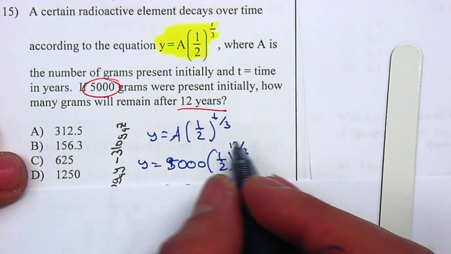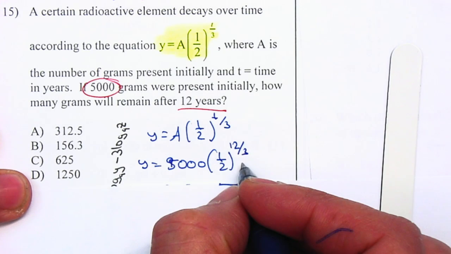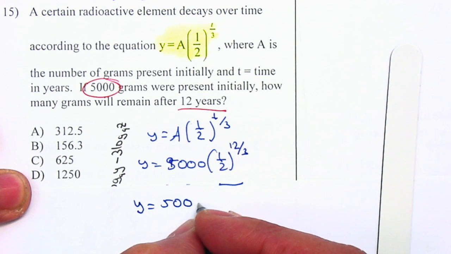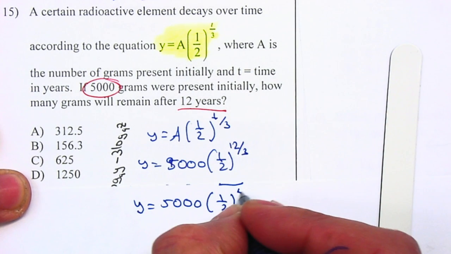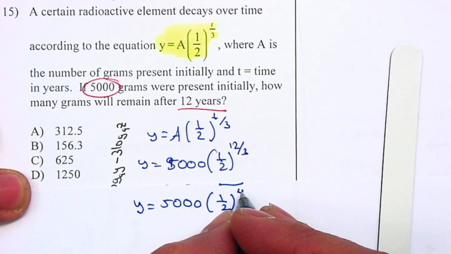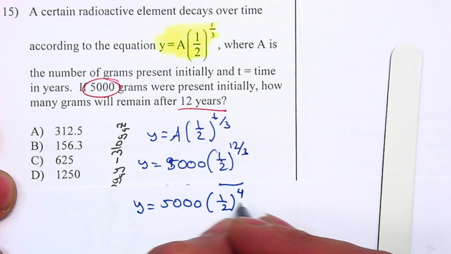Some of you are placing it as a big number here. Let's simplify, because you end up with 5,000 multiplied by 1/2. 12 divided by 3 is 4, to the 4th power. It's a small 4 as an exponent. It's not a big 4. It's not a whole number. It's an exponent.